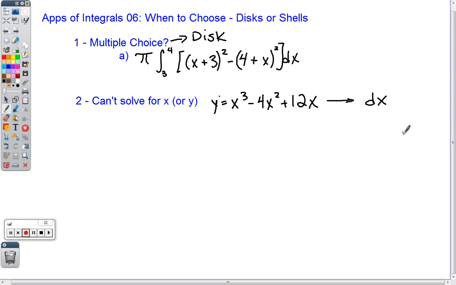And if that means that you're solving it as disks or shells, that's the one you're choosing. Does that make sense? You must integrate that in x. It has to be. Now, on the AP exam, chances are that means you're solving it in disks. Because again, we're not required to teach how to solve in shells. Okay?